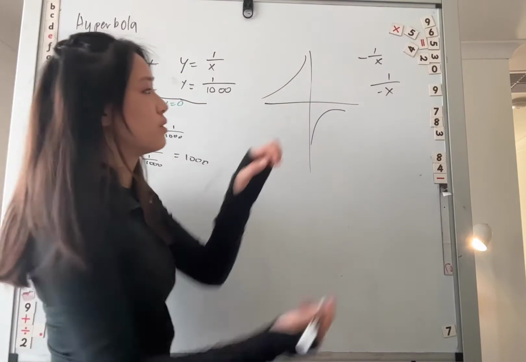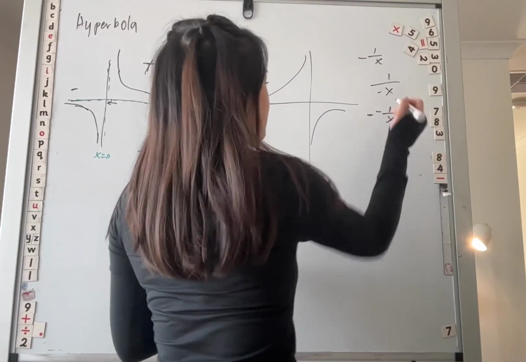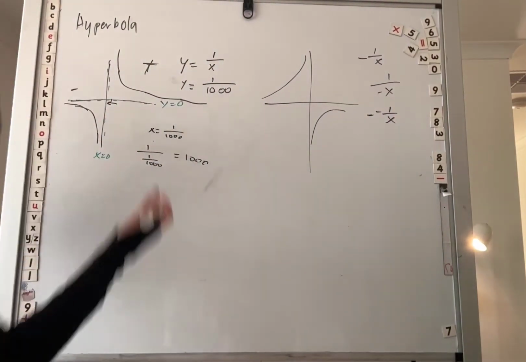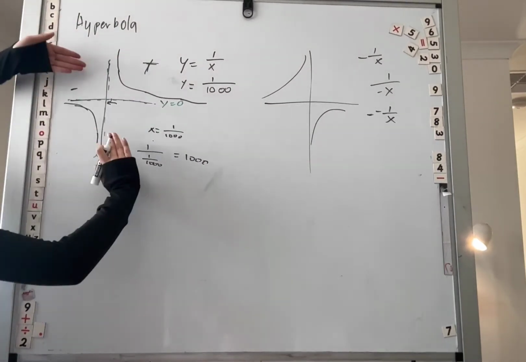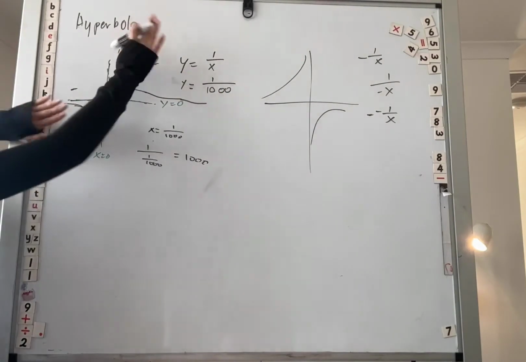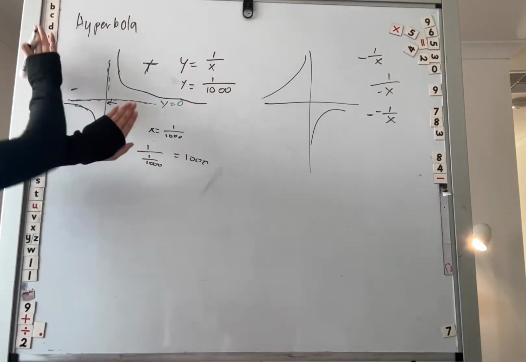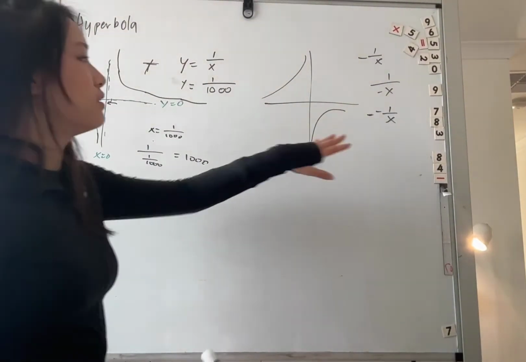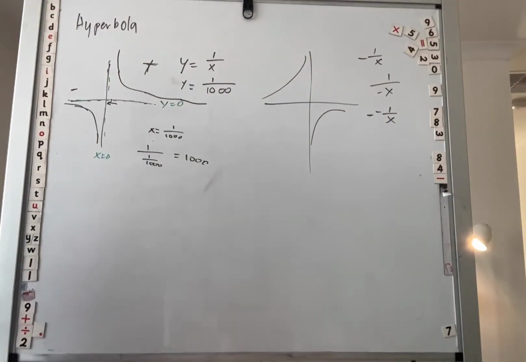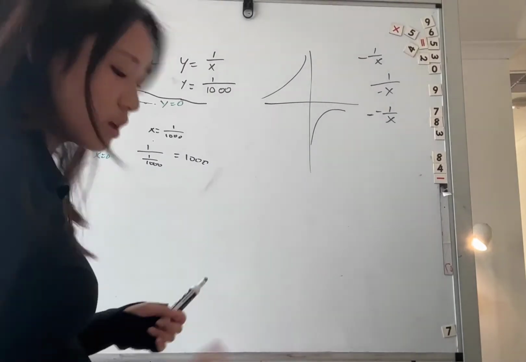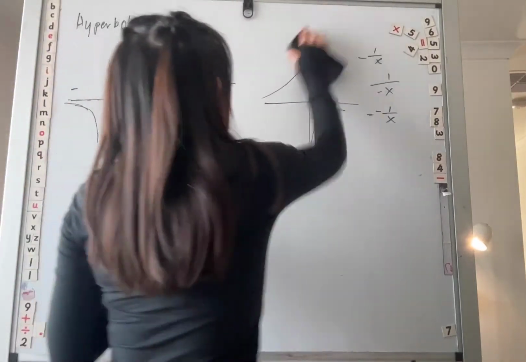But both of them are the same thing as 1 over x, just negate the whole thing. And you'll realize it makes sense because if you flip across the x-axis first, you'll get this graph. Even if you reflect across the y-axis, you'll still get that graph. And then, if you reflect it in both the x-axis and the y-axis, you'll get the original function back. Okay? So let's sketch one of them.